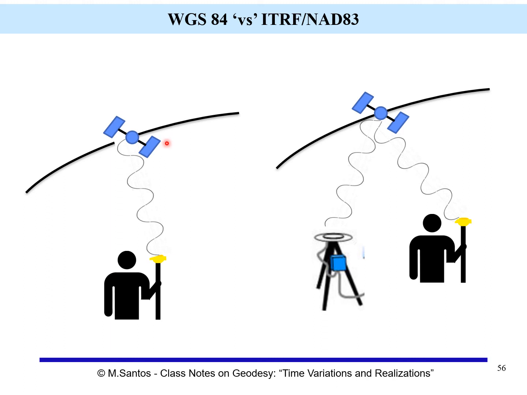Because the GPS orbits are precise, the precision is at 2 meters, and the IGS precision is at, well, decimeter, centimeter. So we should say that PPP is precise point positioning that uses more precise orbits and clocks. So here we have the situation in absolute positioning. Here is relative positioning, and what defines the frame is the frame of the relative point.